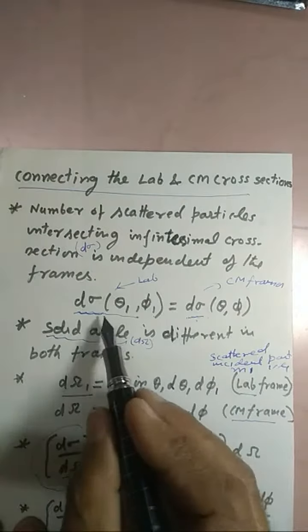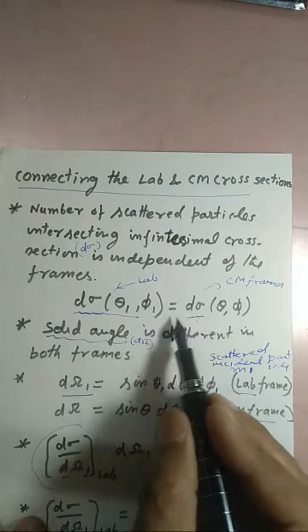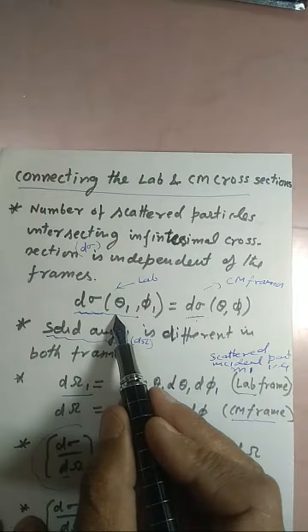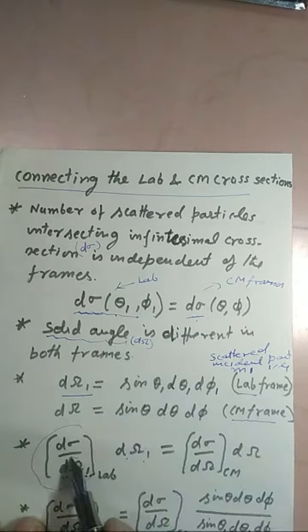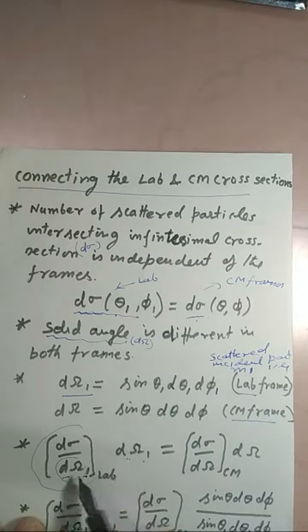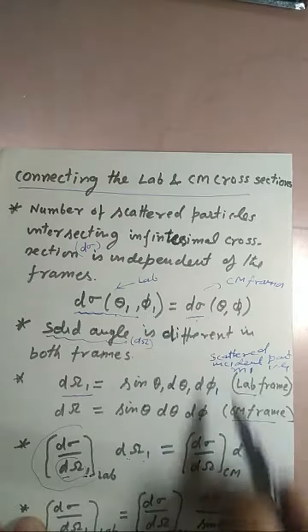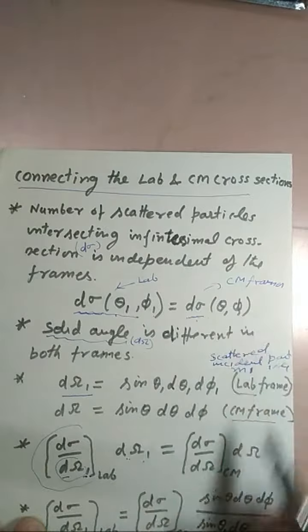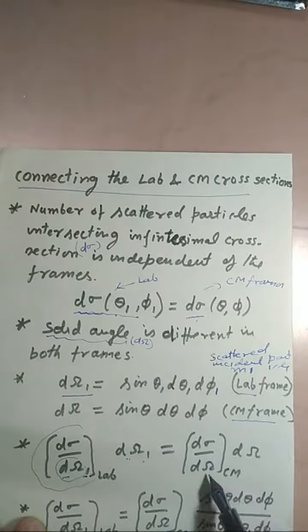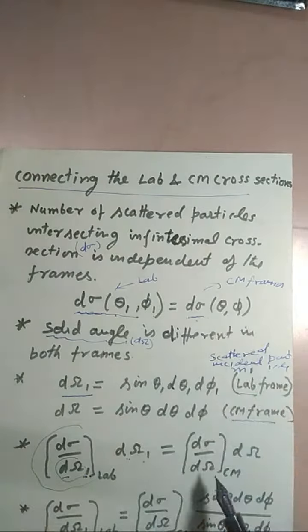So here these both are the same, independent of the frame of reference. If I multiply with this term dΩ and divide with dΩ, I'm multiplying and dividing with the same term, so this is 1. If I multiply with 1, it doesn't affect my result. And on the right hand side, I also multiply and divide with dΩ, so this is also 1, so it doesn't affect this relation.